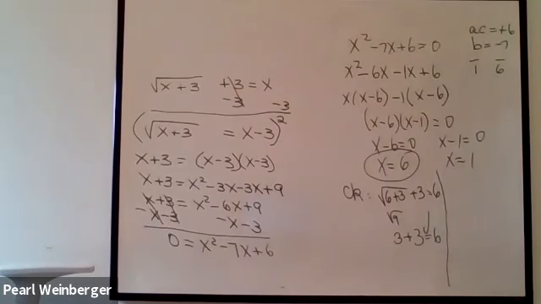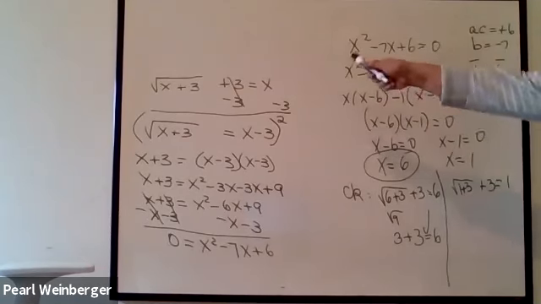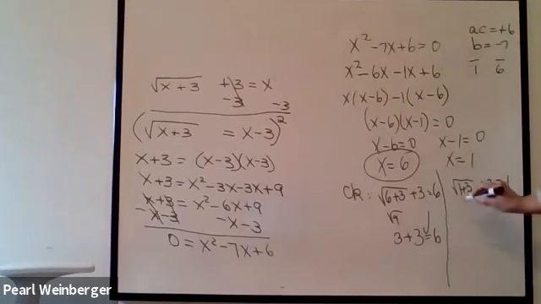Let's try the x equal 1. So here's a check for x equals 1. We do the square root of 1 plus 3, plus 3 equals 1, replacing the x with 1. Well, 1 plus 3 is 4. So this is the square root of 4, which is 2.